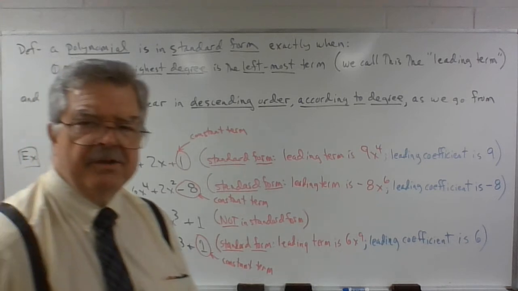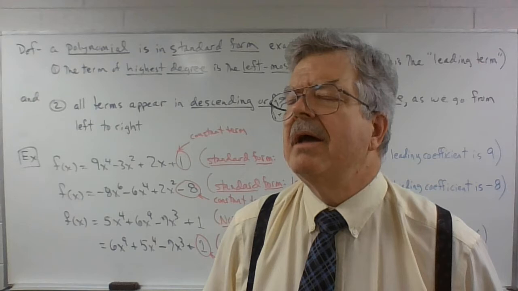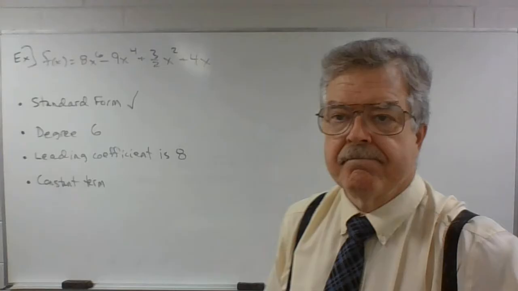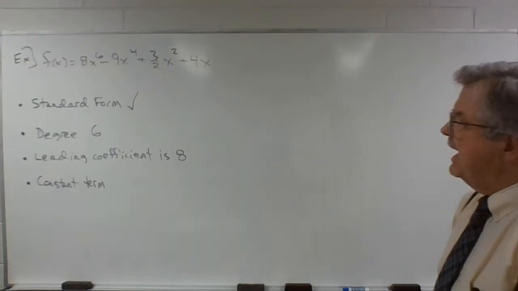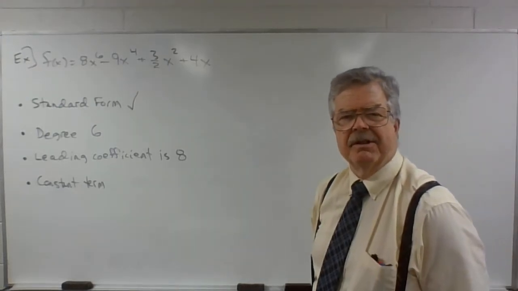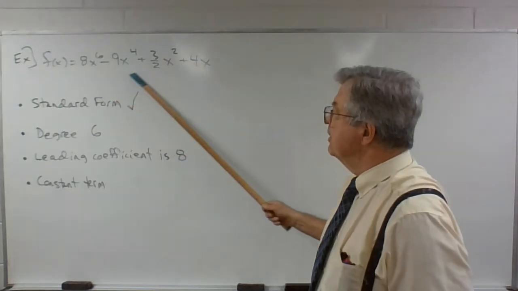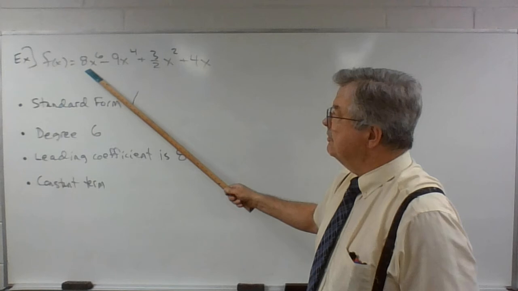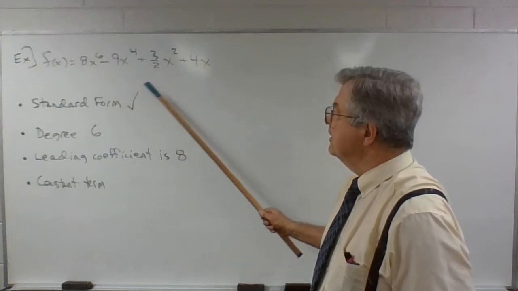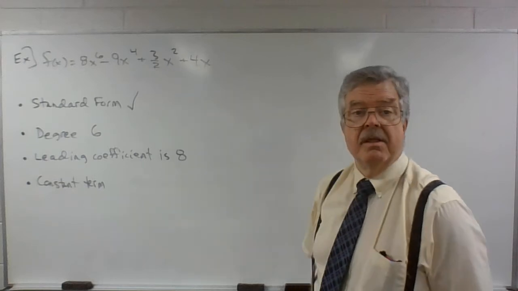Now that leaves us to figure out one oddball situation. Can you think about what it is? There's a pathological case that we haven't considered, so let's consider it now. Let's look at this polynomial and notice that the terms are of degree 6, degree 4, degree 2, degree 1.